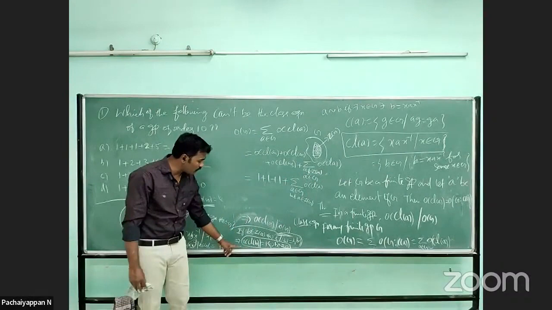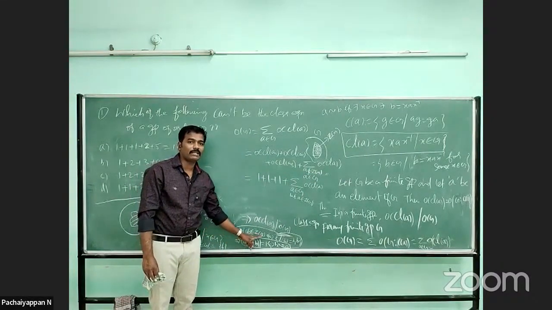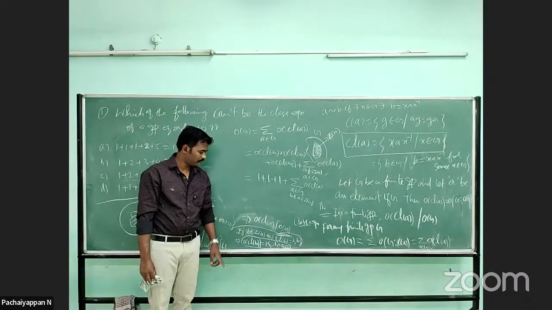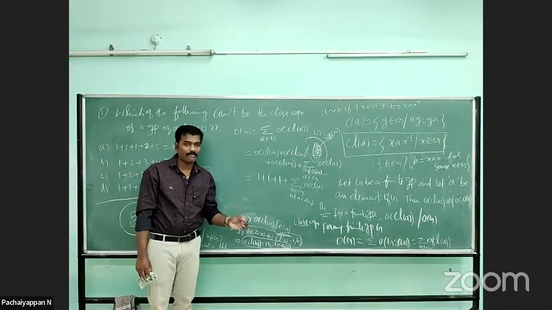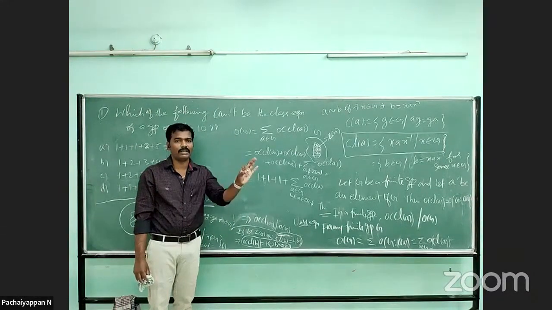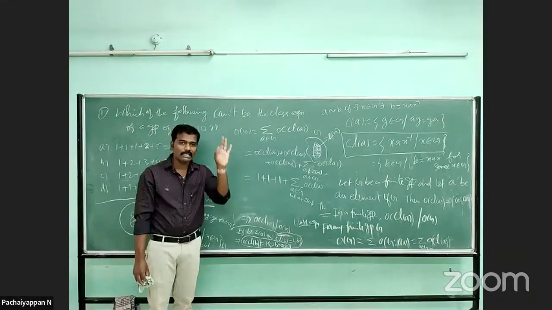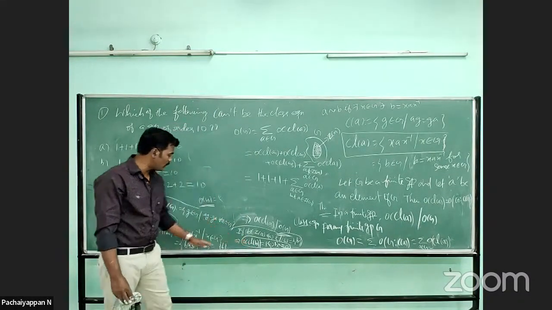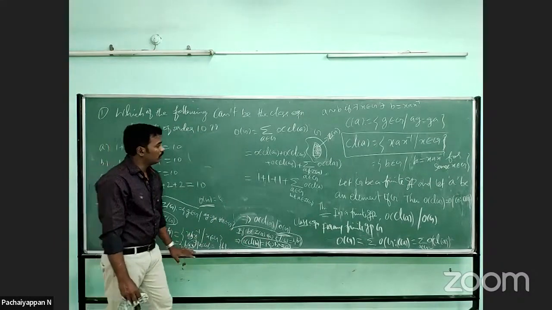And we also concluded here: if B is an element of the center of G, the order of the class of B is 1 only. Why? If an element is in the center, the element conjugate to that element is only itself. Okay, we have proved and explained it here.